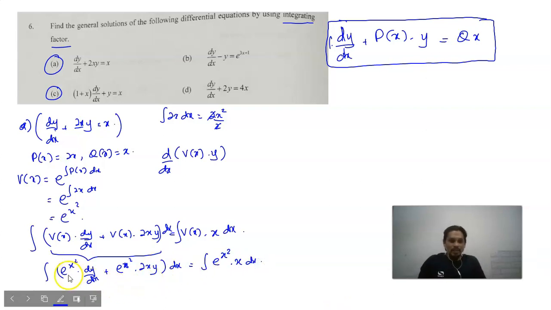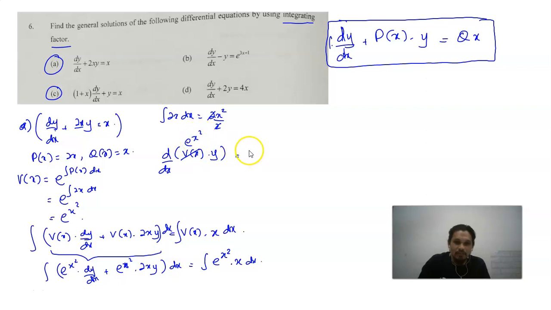Why do I think that this is an expansion of this? Let's substitute V(x) with e^(x squared). The derivative of e^(x squared) multiplied with y: differentiate e^(x squared) first, it gives you 2x e^(x squared) times y, plus e^(x squared) times the derivative of y with respect to x, dy/dx.